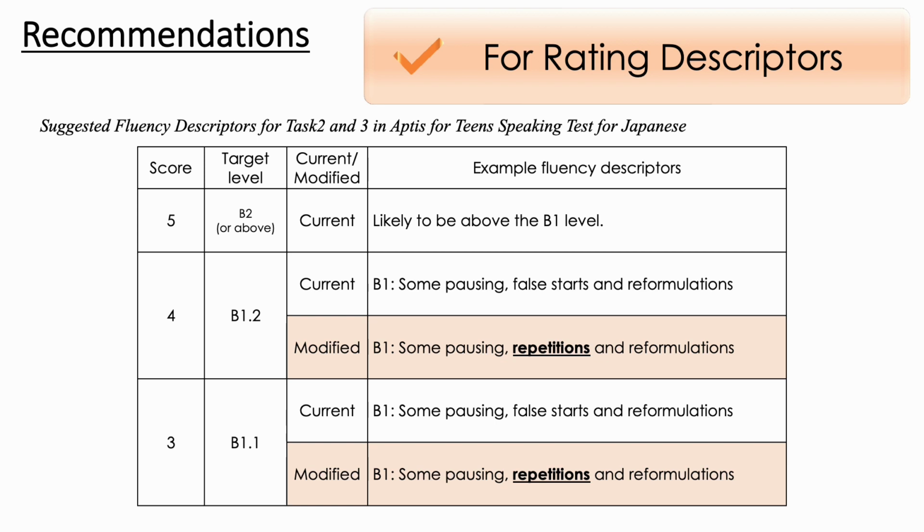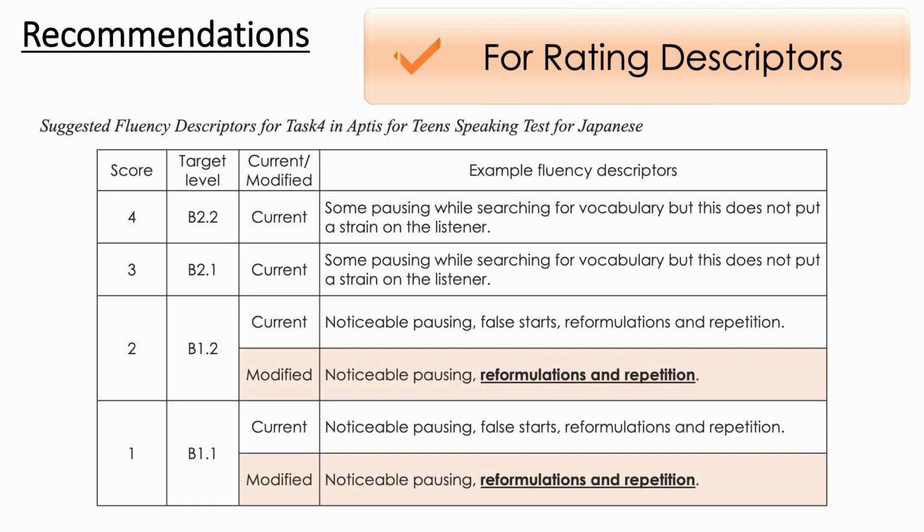This presents both the existing and recommended fluency descriptors for tasks 2 and 3. Then this is for task 4, respectively. Thus, this could have a major impact on the concept of localization. This study also could be applied to the BCTS.